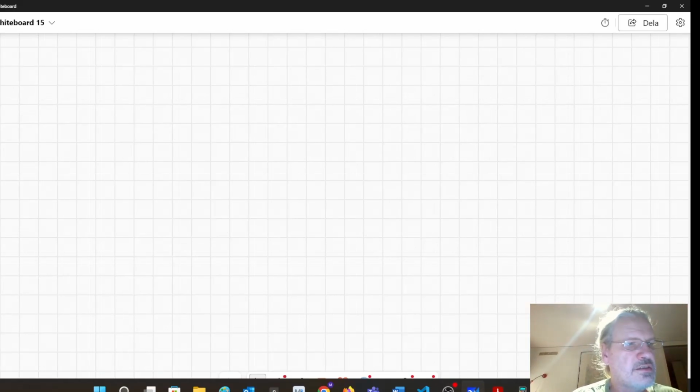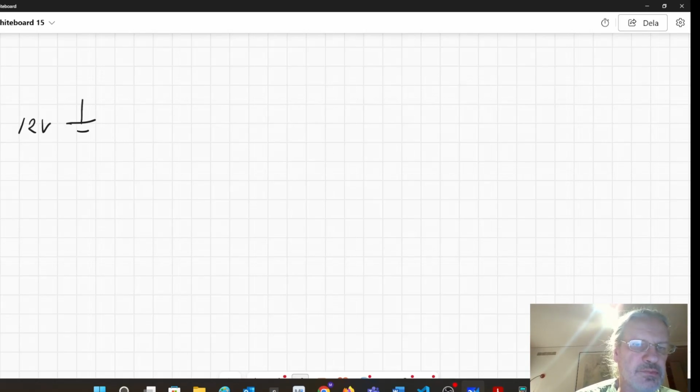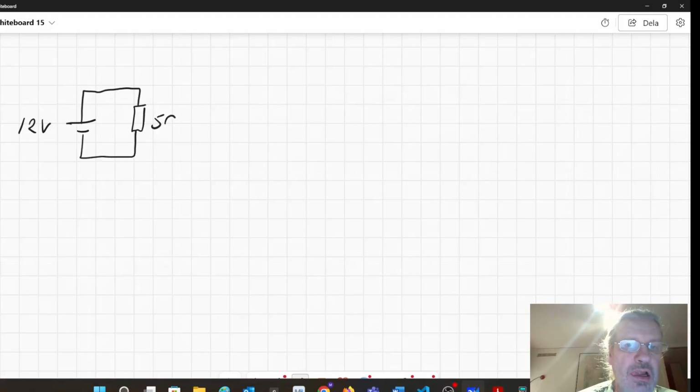So let's look at another example. Say we have a battery, 12 volts, over a resistor. I'll say that resistor is 50 ohms. And we should figure out the power dissipated or used, so to speak, turned to heat in the resistor.